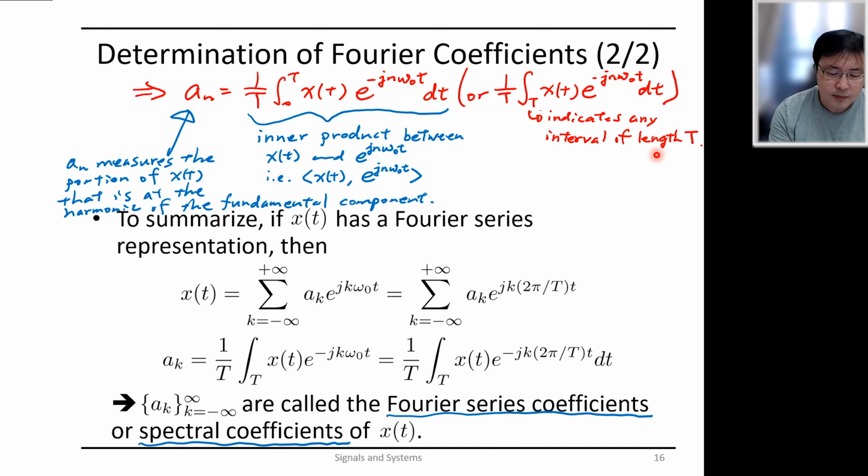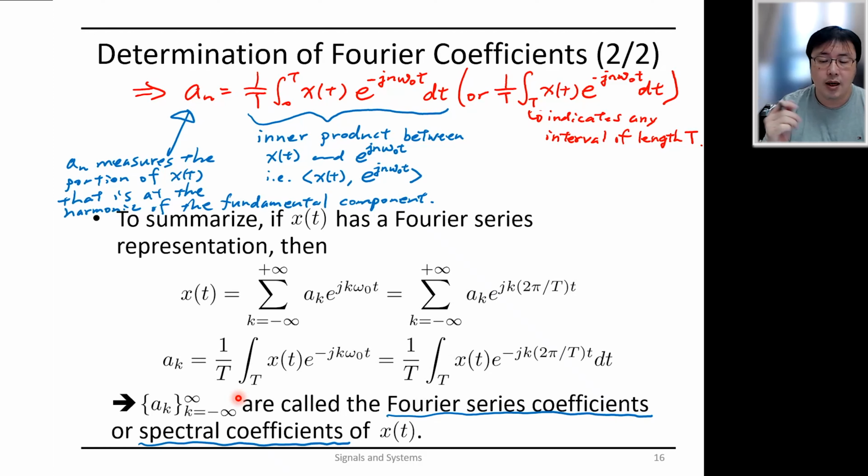So if you are given the linear combining coefficients a k, you can then construct the signal x of t using this expression here. And vice versa, if you are given the signal x of t, then you can construct the Fourier coefficients a k by computing this integral here. So with x of t, you can find a k, and with a k, you can find x of t.